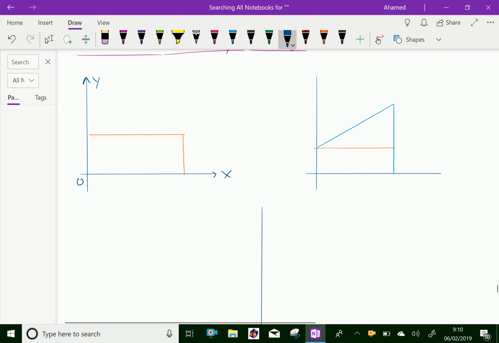Suppose from O to C is t seconds, and from O to A the velocity is v meter per second. Now the rectangle OCBA is shaded.